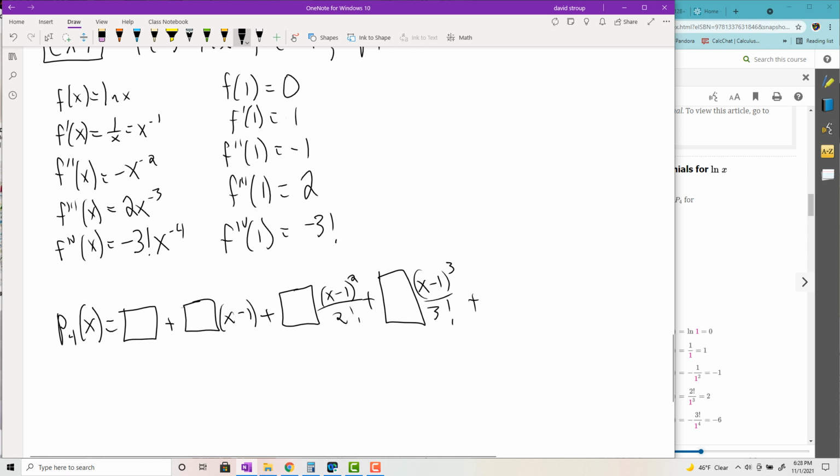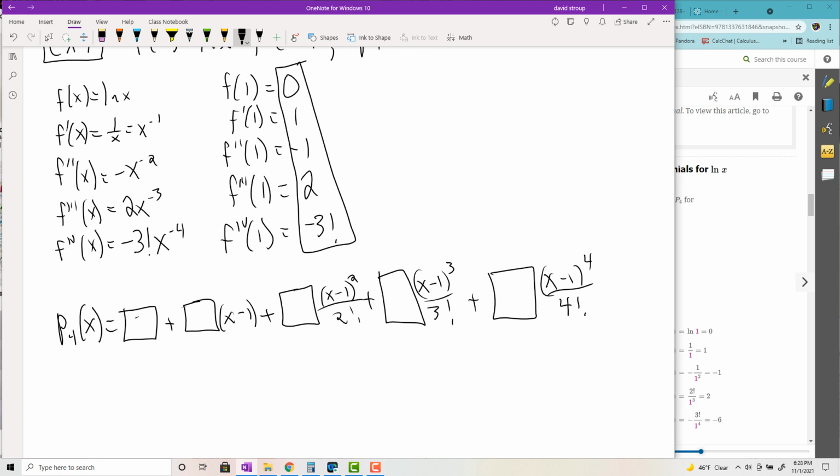And then the last guy, whatever that is, times x minus 1 to the 4th all over 4 factorial. So kind of get it all set up, and then you're just copying and pasting those. So 0, 1, -1, 2, -3 factorial. And then kind of think about how the factorials will simplify. If you have n factorial all over n plus 1 factorial, that'll just equal 1 over n plus 1, right?